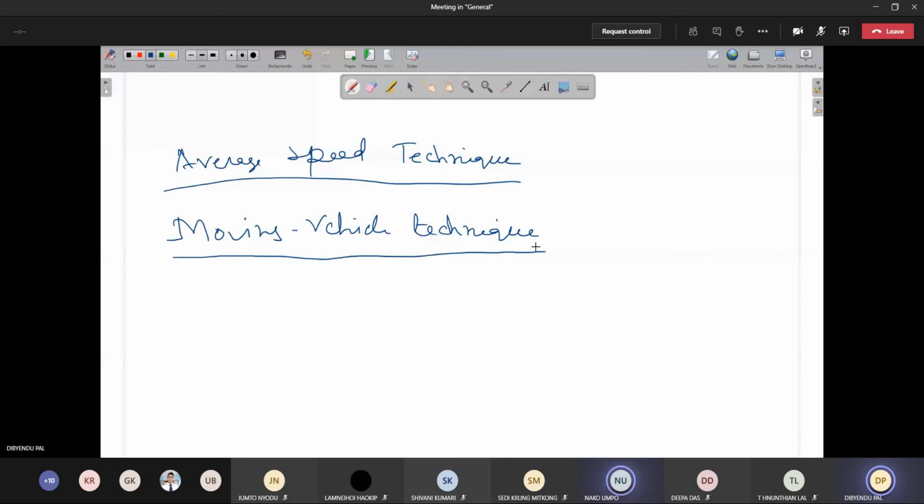Sir, we have some observers. Sorum sir gave us an assignment on this. We have to write something on this moving vehicle method, moving observer method.